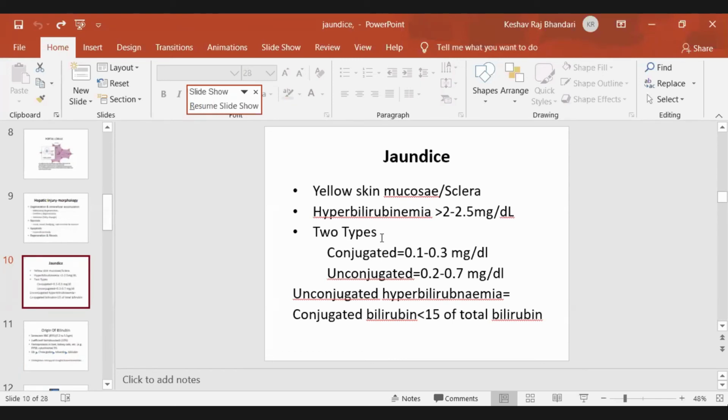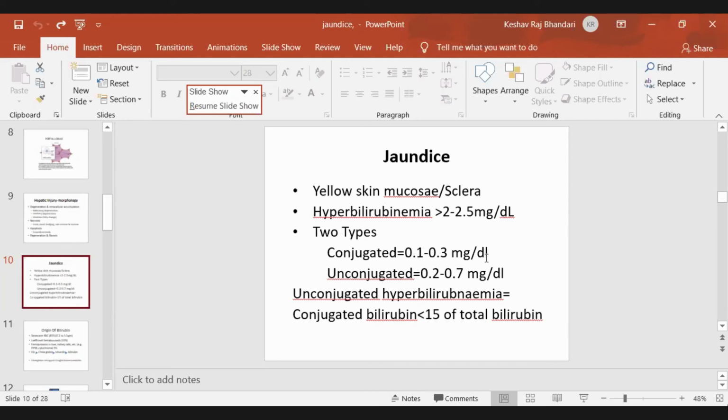Some books write 0.2 to 0.8 as normal serum bilirubin, or 0.2 to 1.2 is normal. But a level from 1.2 to 2 milligram of serum bilirubin, they say is latent jaundice. So that is the serum bilirubin level.